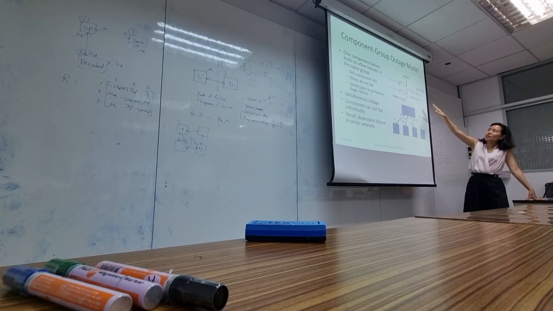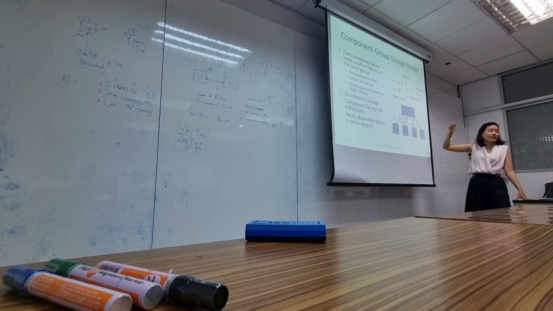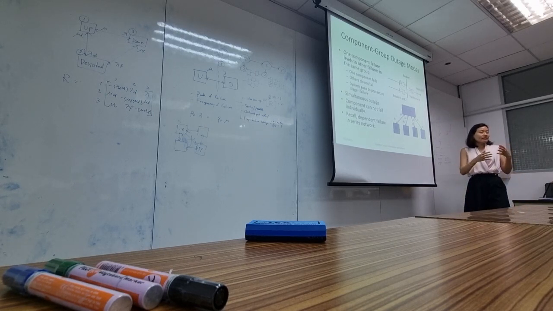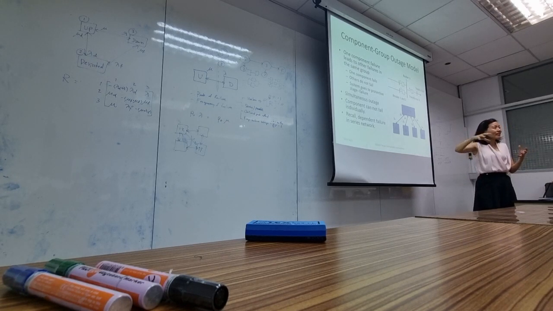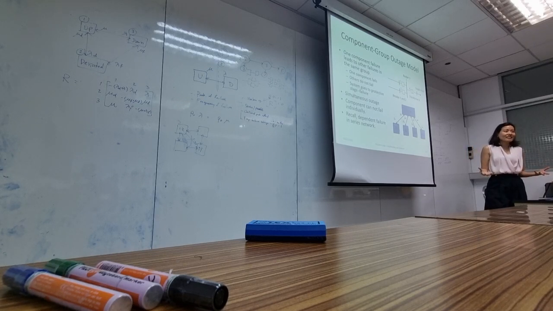In this case, it doesn't really fail as in a breakdown in each component, but because one circuit breaker trips, the rest of the lines that connect to it also go to failure. Okay, so that is the protective stage of the failure.